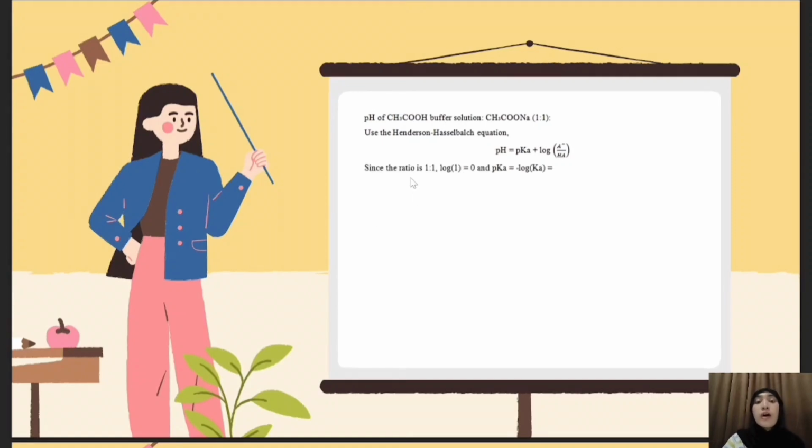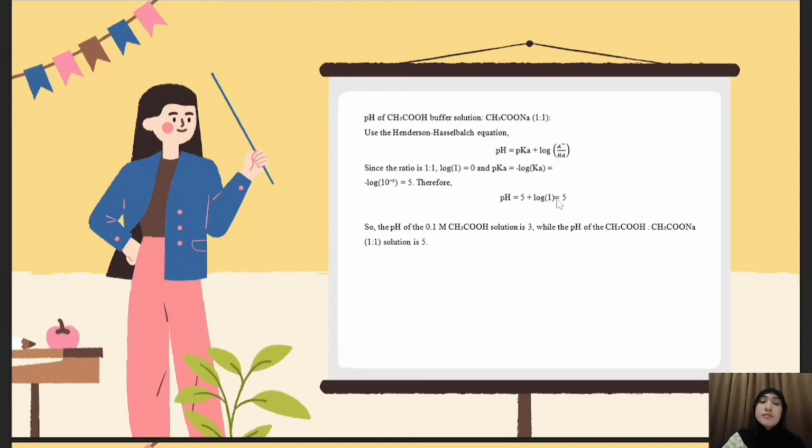Since the ratio is 1 to 1, log 1 is 0, and pKa is minus log Ka, which is minus log 10 to the power of minus 5, is 5. Therefore, pH is 5 plus log 1, which is 5.